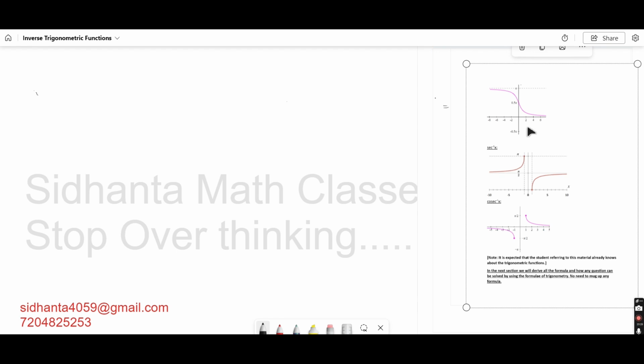There are three more, which are cot, secant, cosecant. This is for cot inverse, this is for secant inverse, this is for cosecant inverse. So this is all about what exactly inverse trigonometric functions mean.